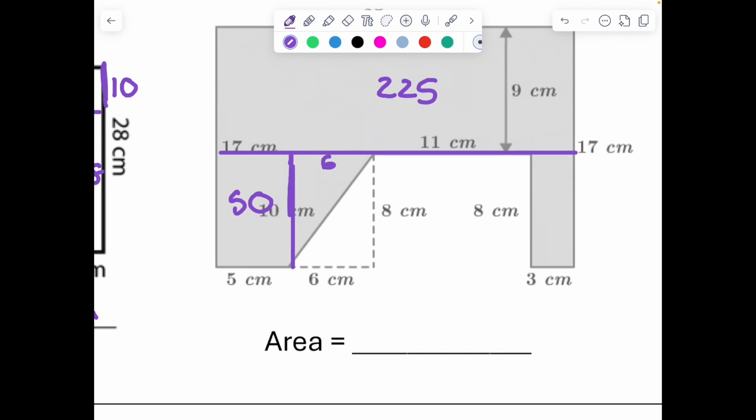Oh, I'm sorry. The base here is 6 and the height is 8. So 6 times 8 divided by 2 is actually 24. You know what? I think I called the wrong thing 10. The height is actually 8, so this square right here is going to have an area of 40.